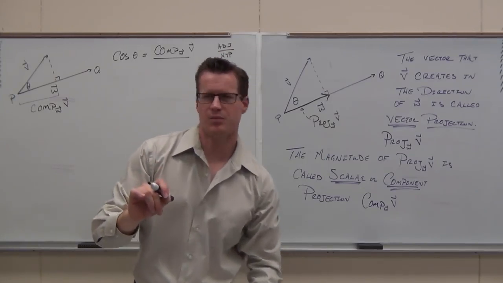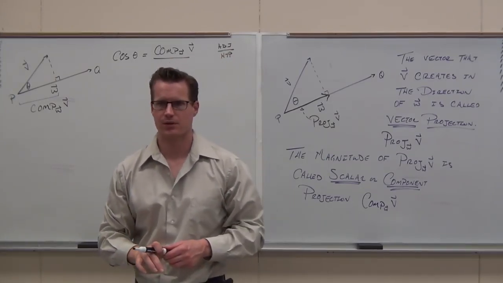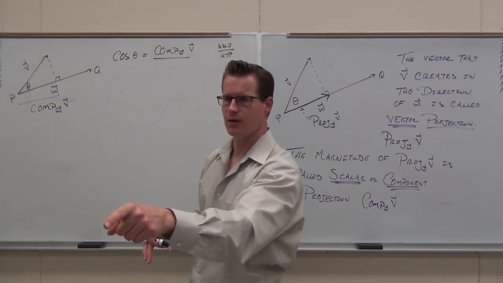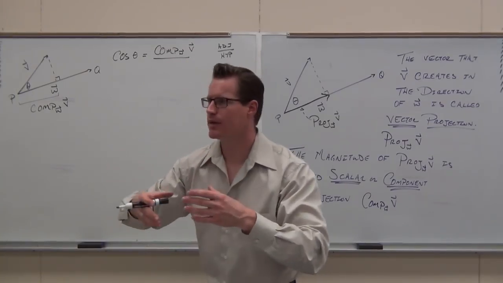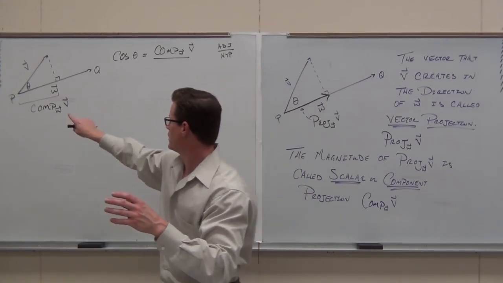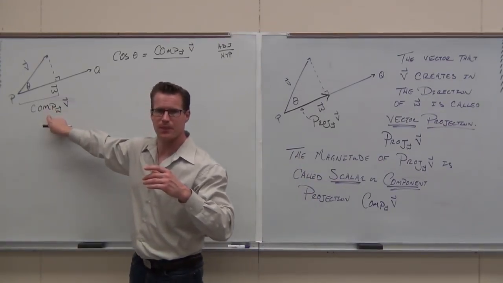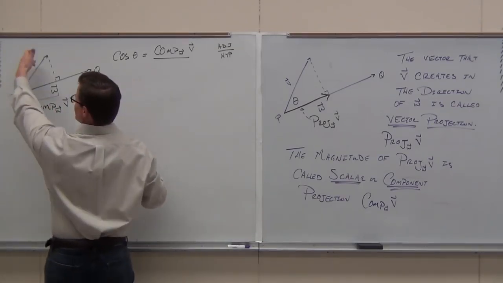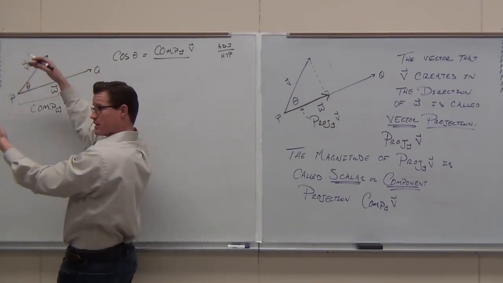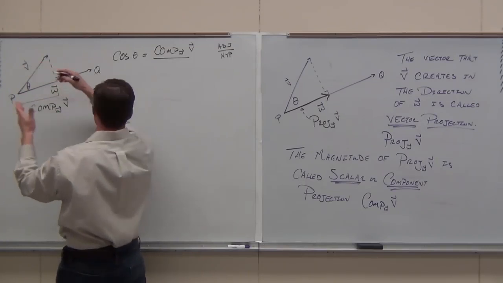What's the hypotenuse? Be careful before you answer. What's the hypotenuse? Say it louder. The magnitude of V. Because side relationships don't work with vectors, okay? They work with numbers. They work with scalars. Verify that's a scalar. That's just the magnitude that's being pulled along W, okay? This is not a scalar, but if I took the magnitude, it would give me the length of that, just like a right triangle wants us to have.